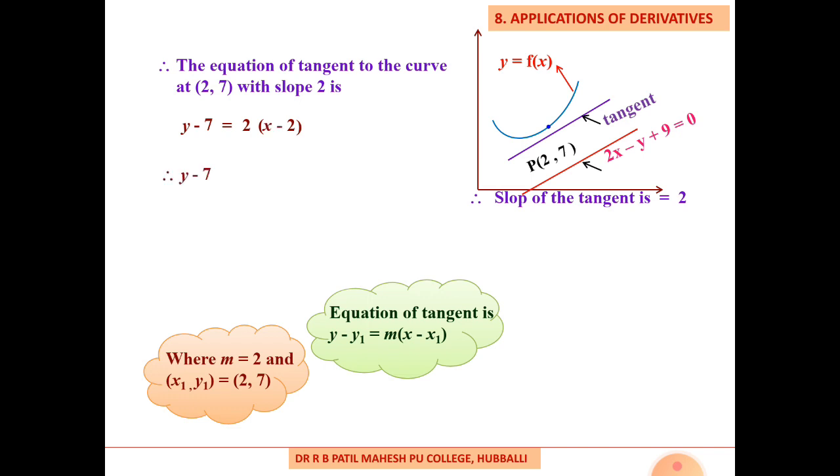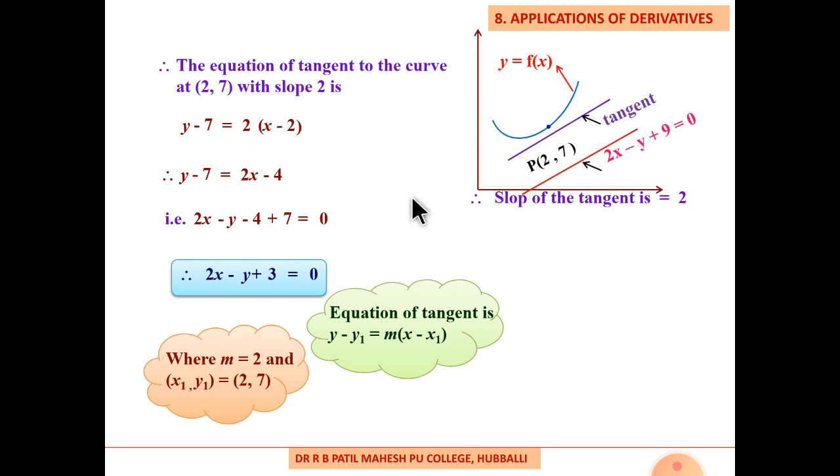Therefore y minus 7 equal to 2x minus 4, or 2x minus y minus 4 plus 7 equal to 0, or 2x minus y plus 3 equal to 0. So this is the required equation of tangent.